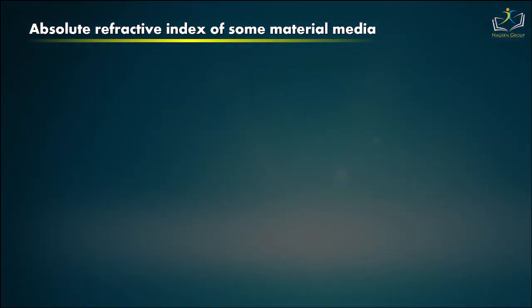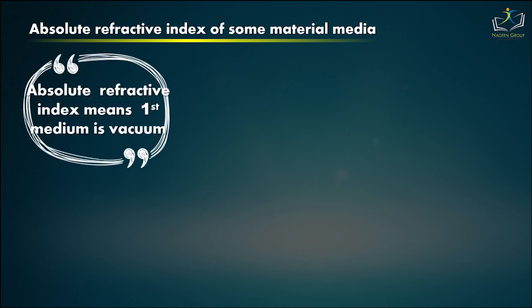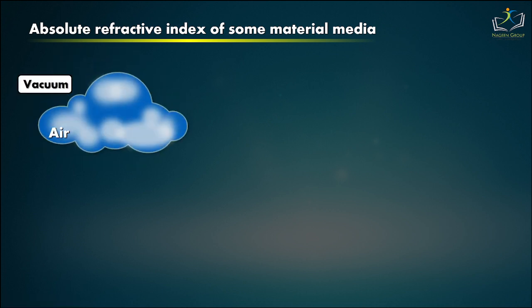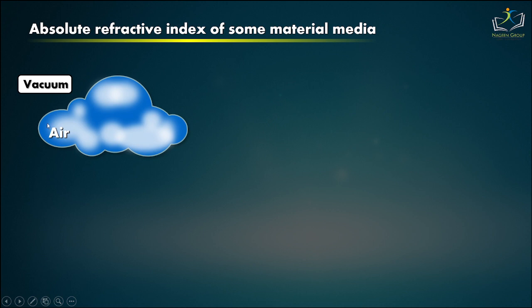Now let's understand the absolute refractive index of some material media. Absolute refractive index means the first medium is always vacuum. So now we are finding the absolute refractive index of air, from vacuum to air, right?